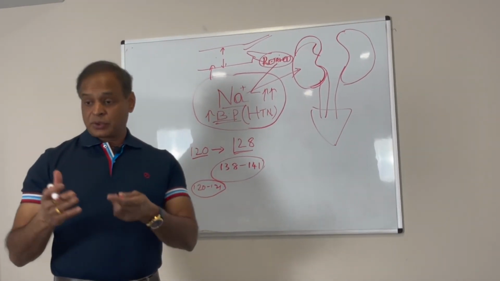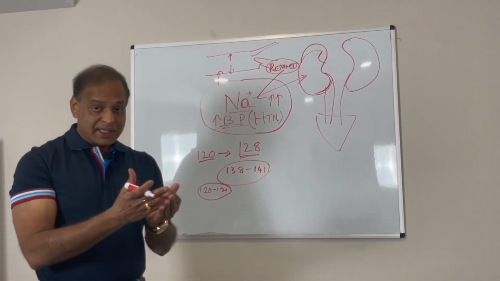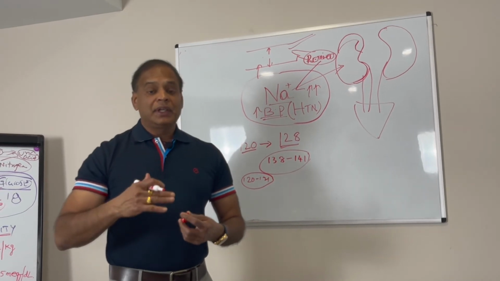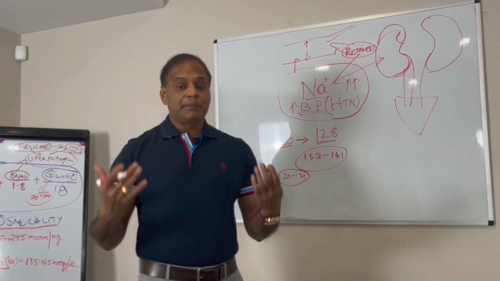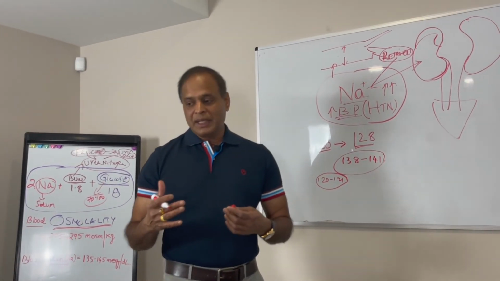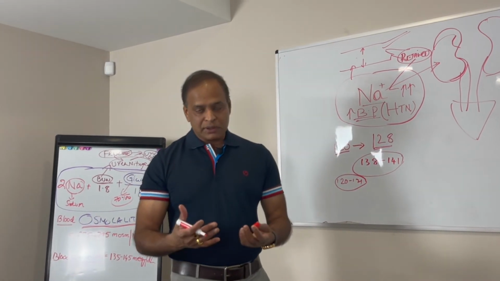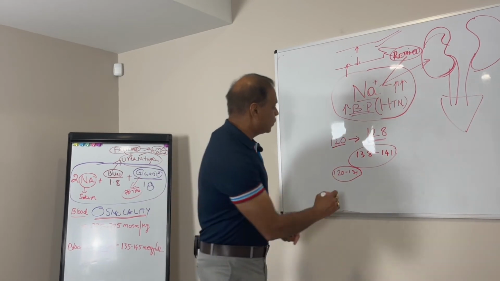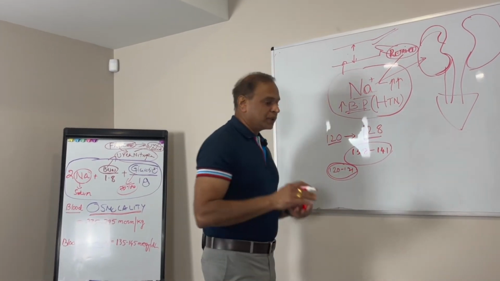The salty soup that one person gets with a lot of concentration, less dilution, will give him higher blood pressure, as opposed to somebody who drinks it with lots of water and it is diluted. For the same amount of salt, he will have no change in the blood pressure. So this is the concept.